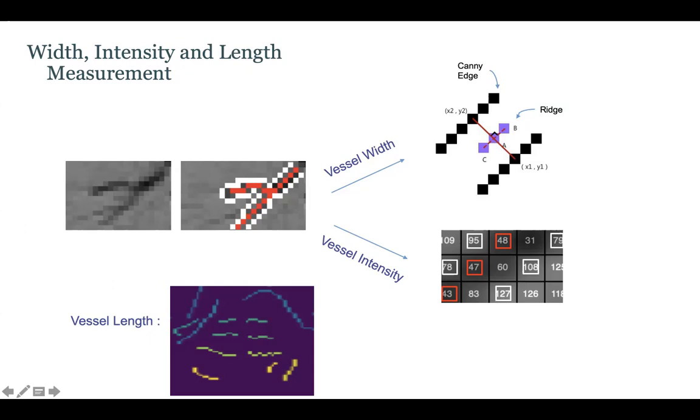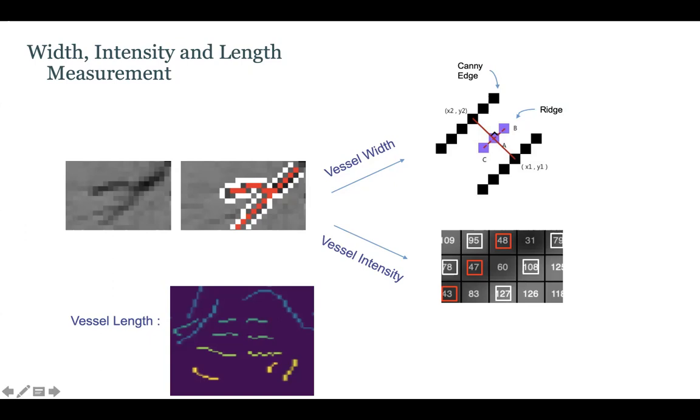So we use the difference between the pixel on the ridge and the pixel on the Canny edge to get the vessel intensity. And then we calculate the pixels on the ridge one by one to get the vessel length, because before we measure this, we have segmented each vessel.